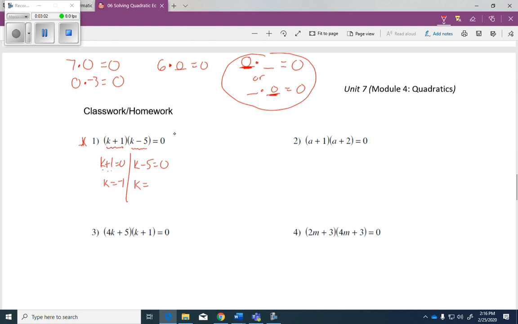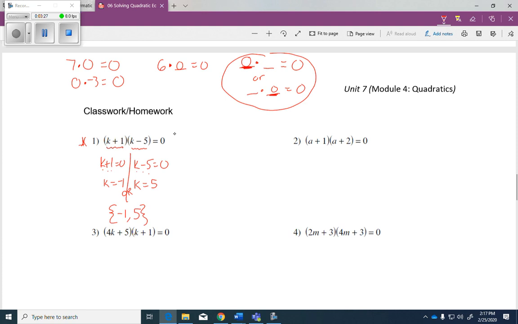Oh, k would be a 5, because 5 minus 5 is 0. So there's two different answers that k could be. K might be a -1, or k might be a 5. We can write it in set notation. We could say k is -1 or k is 5. And this is what we're doing today, or tomorrow actually.